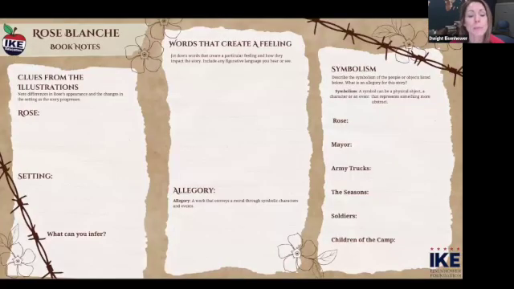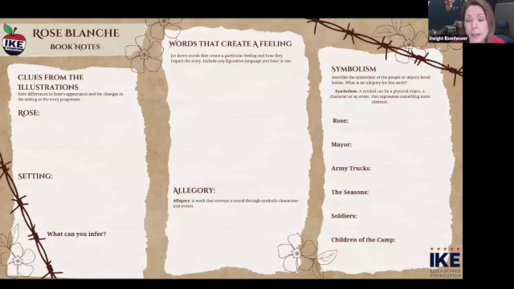Let's take a look at the book notes page that goes with this program. If you don't have the book notes page, that's okay. You can just take notes on paper. The illustrations in this book are very powerful, as well as the narrative of the story. As we go through the book, take note of the illustrations of Rose and how Rose changes.